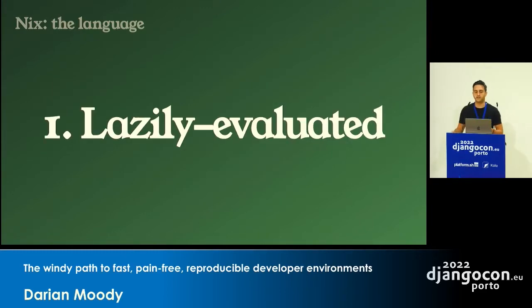Number one is that the entire language is lazily evaluated. I think a lot of you will be aware of Django's lazy string translation or the lazy URL lookup. The idea here is exactly the same, except it's applied to the entire language. Anything you write is only evaluated when it is actually needed, and therefore, when you're dealing with massive graphs of data that depend on certain scenarios, it speeds everything up.